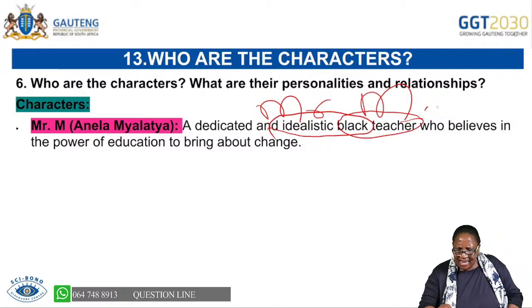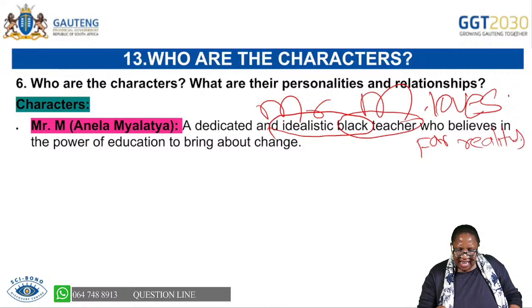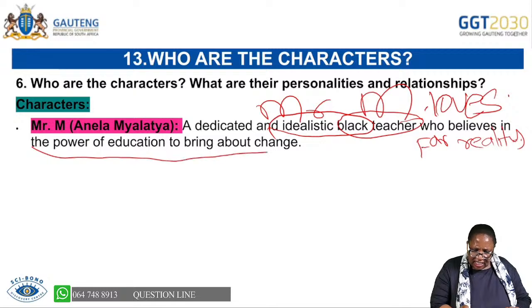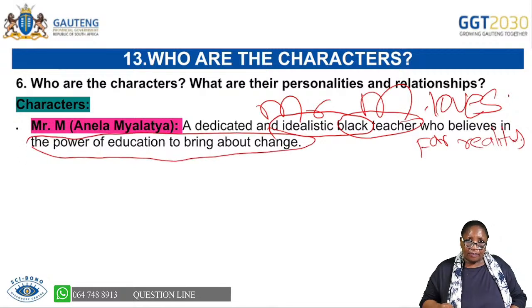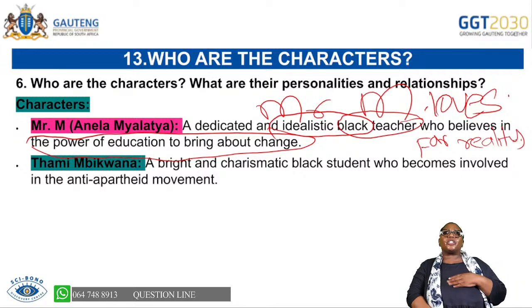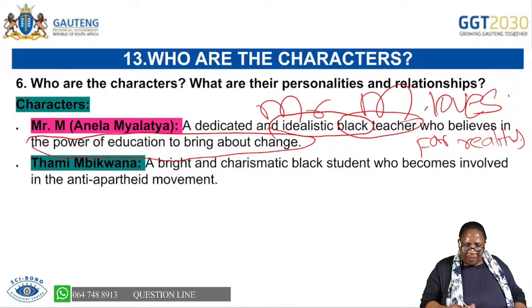Much as he loves his students, sometimes his thoughts are far from reality, from what is happening in everyday life. He believes in the power of education. That's interesting, and that's very good. I believe in the power of education, and your teacher believes in the power of education, and you also believe in the power of education.